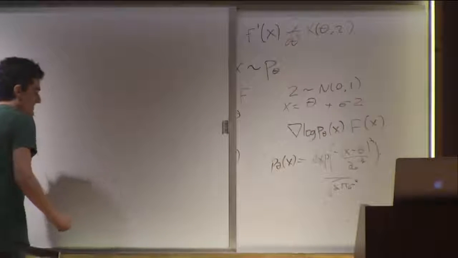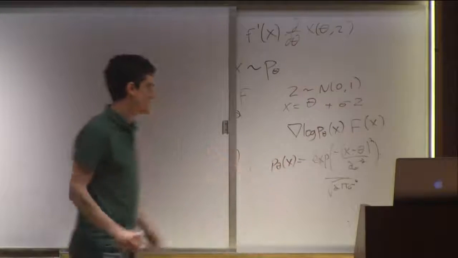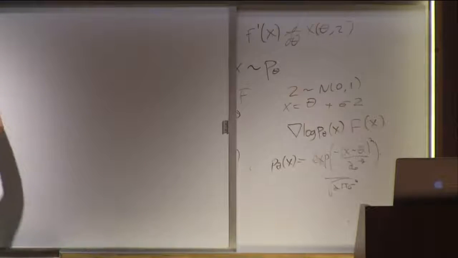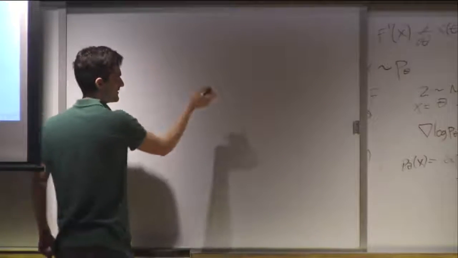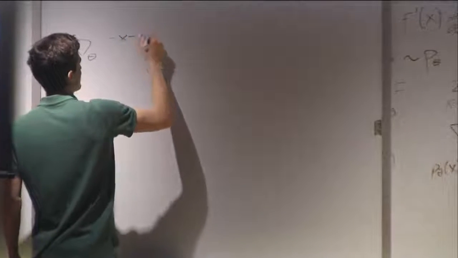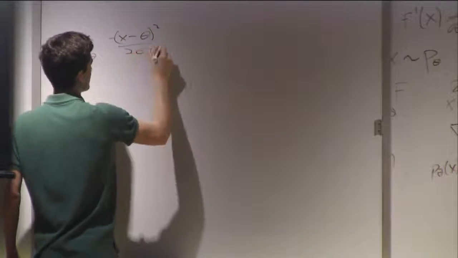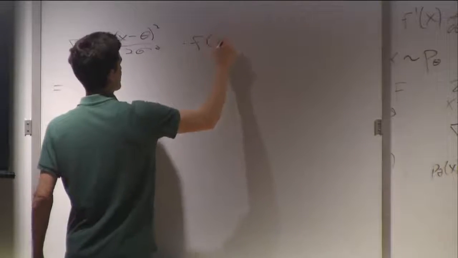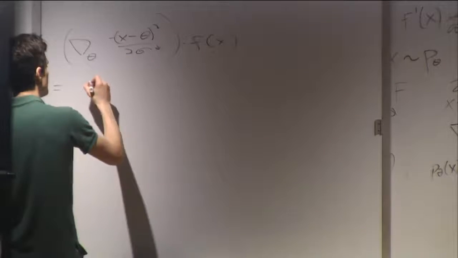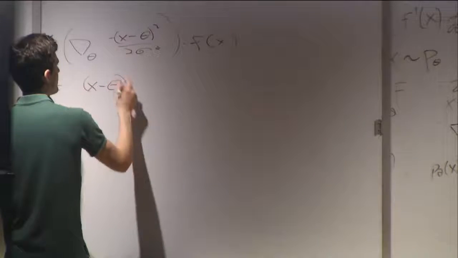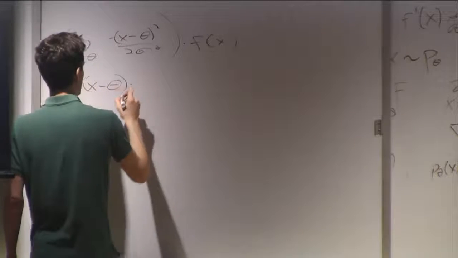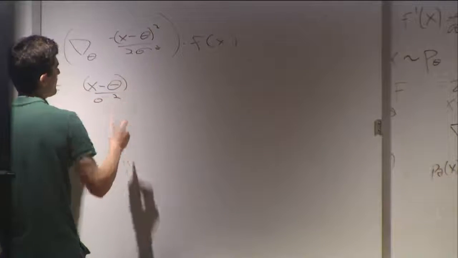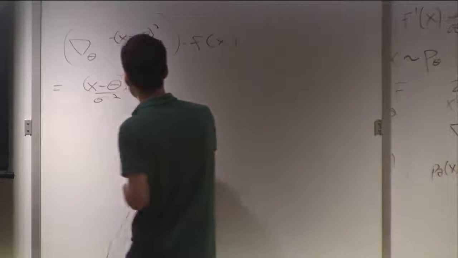We don't care about this denominator, so we have grad with respect to theta of the thing inside of the exponent, so negative x minus theta squared over 2 sigma squared. And then this is times f of x. So just taking the gradient of this expression, we get x minus theta over sigma squared times f of x.